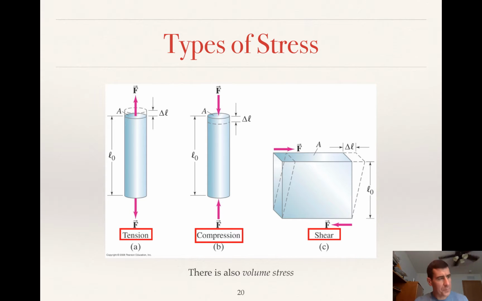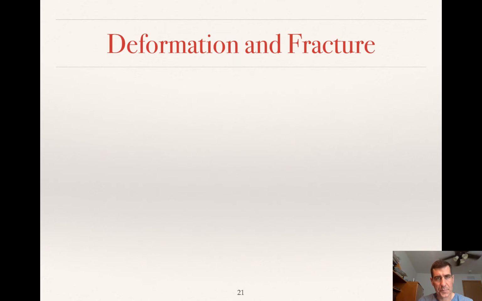The other one is shear. The classic example of shear is if you have something like a book and you apply the force tangentially to one of the surfaces. If I push this way on the book, you can see the book starts to tilt, so that is a shear stress. There's also a volume stress that we'll get to in chapter 15, which will be the last thing we do this semester.